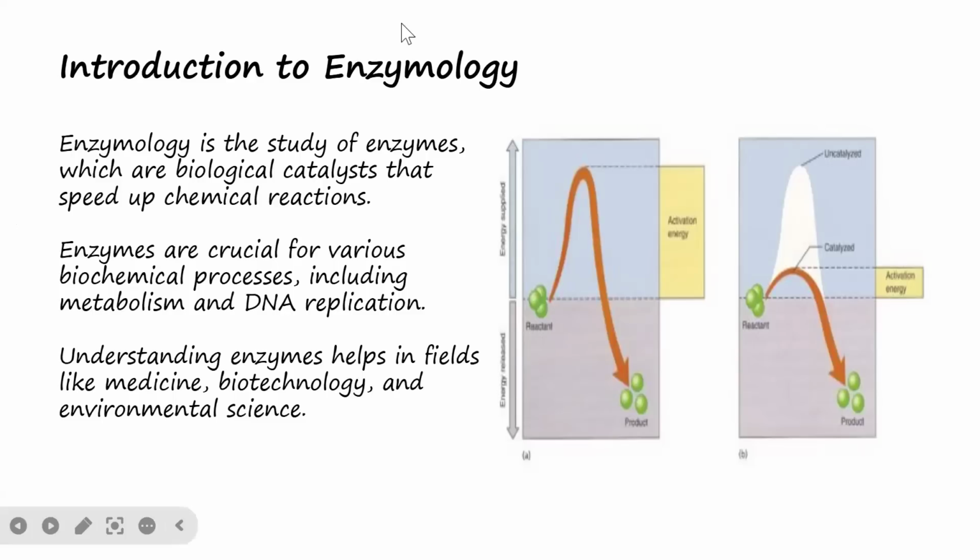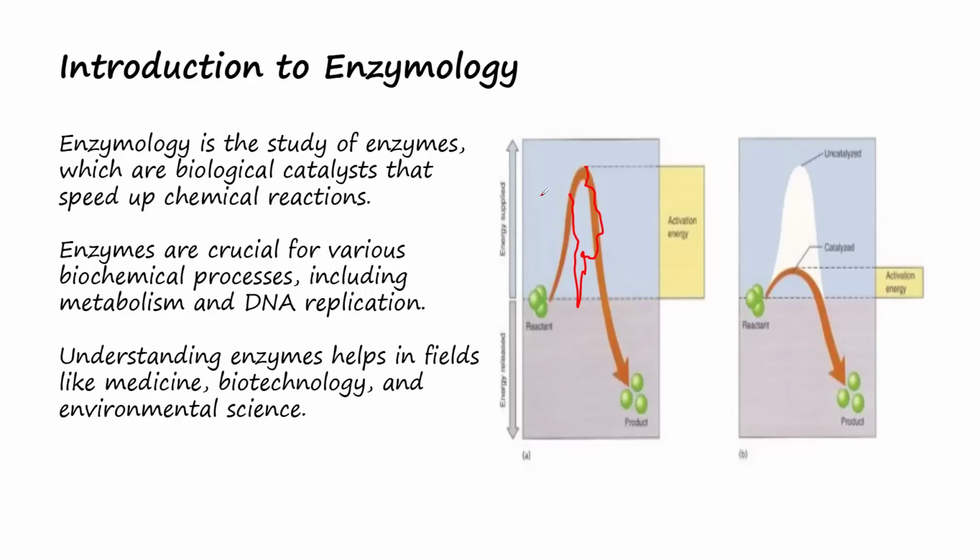And more importantly, how these enzymes catalyze the reaction. Generally, before a reaction takes place, there is what you call an activation energy, and this activation energy is this here. Before the reaction takes place, the reactant must jump this activation energy.